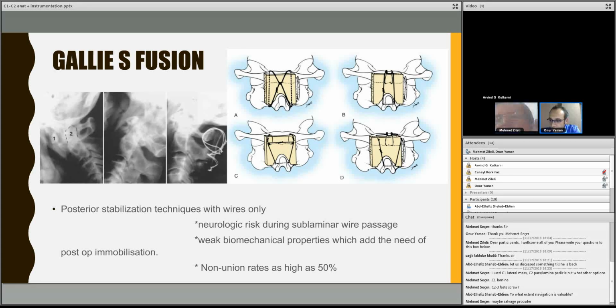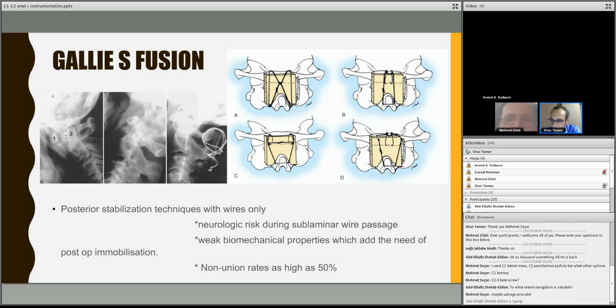It may be controlled by bone wax, but it is recommended that you should not use that screw again.